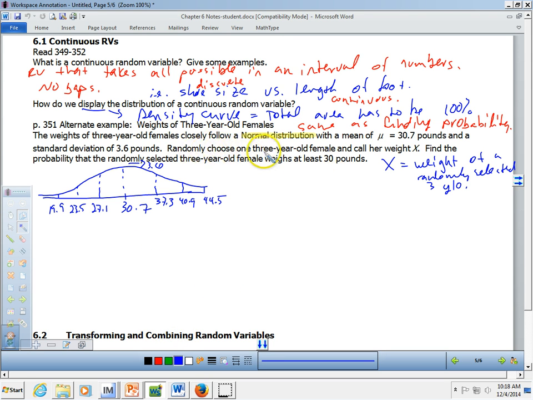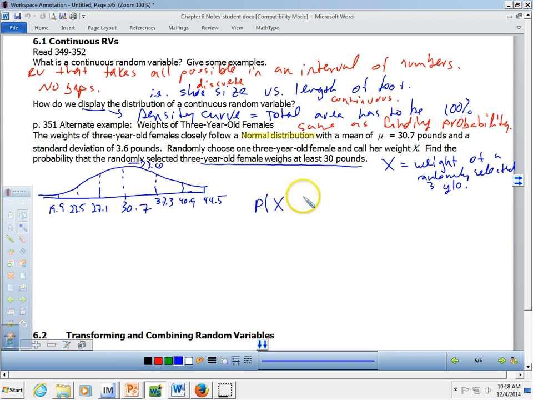Anyway, if we randomly choose one 3-year-old female and call her weight X, so we defined X as the weight of a randomly selected 3-year-old, find the probability that the randomly selected 3-year-old female weighs at least 30 pounds. I'm going to write this in symbolic notation. Okay? Life gets easier if you write it in symbolic notation. Right?